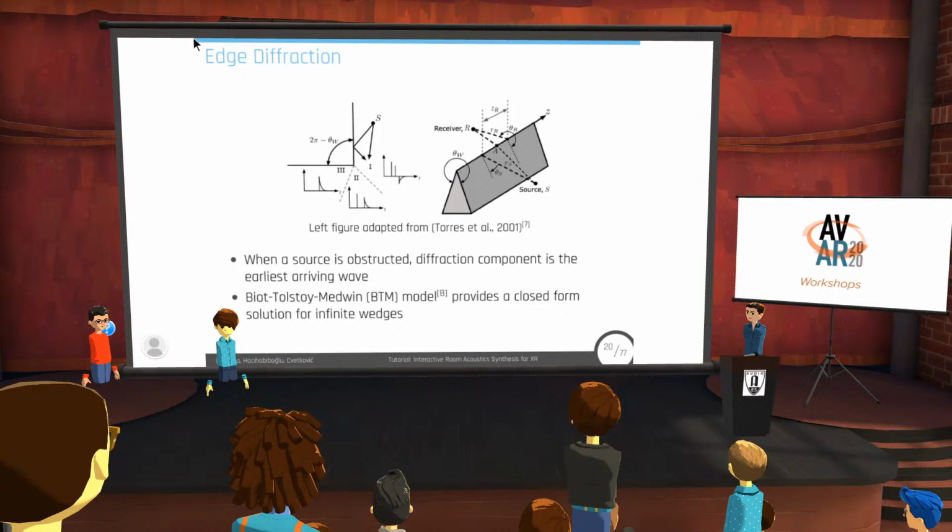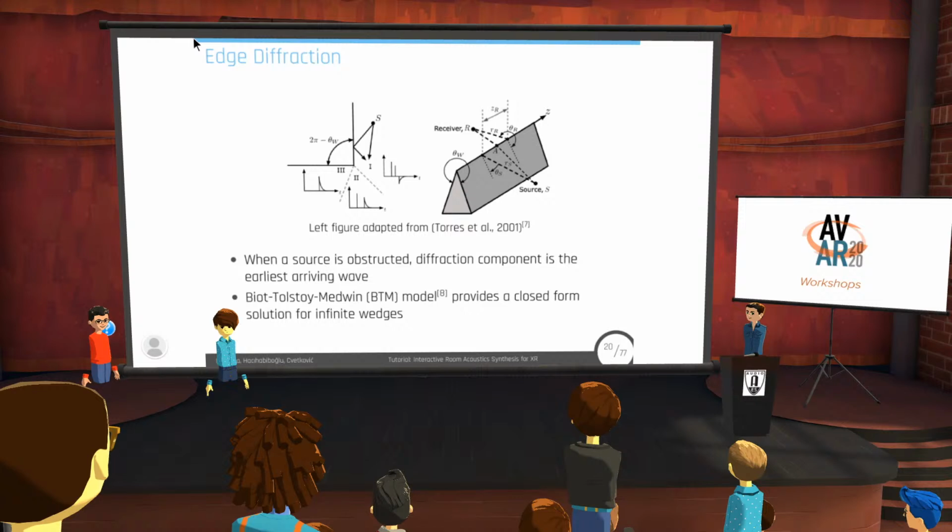And one thing which is quite hard to pin down with edge diffraction is that its directivity is not easy to handle. When do you have negative phase, when do you have positive phase, what is the level of the diffraction term? This is not easy. Luckily, there are some analytical models of edge diffraction. However, the number of parameters and the computational costs involved are typically very high for interactive applications.